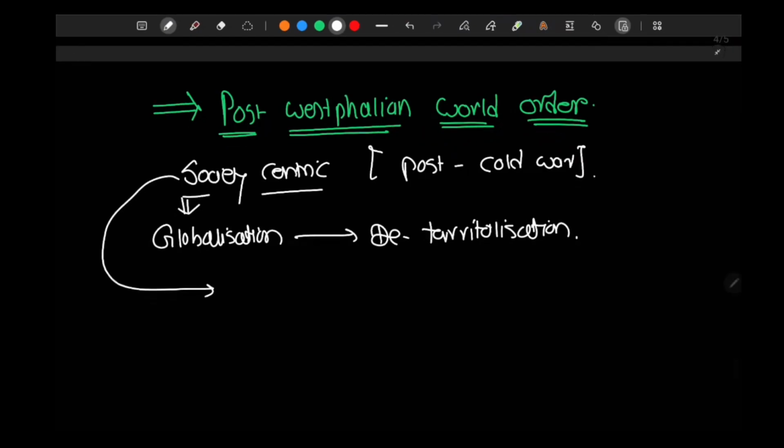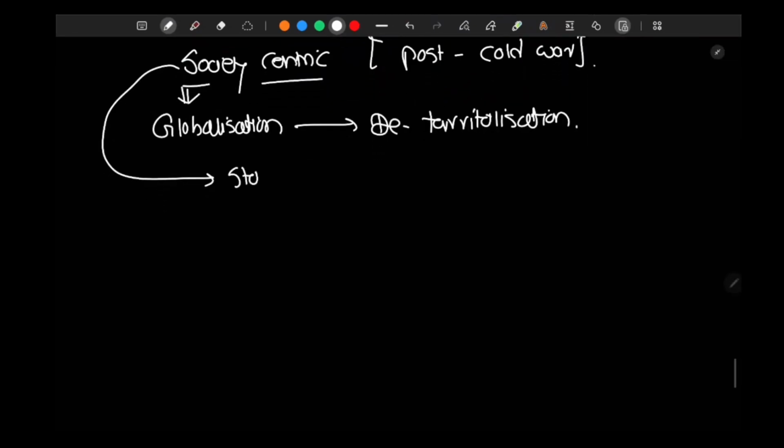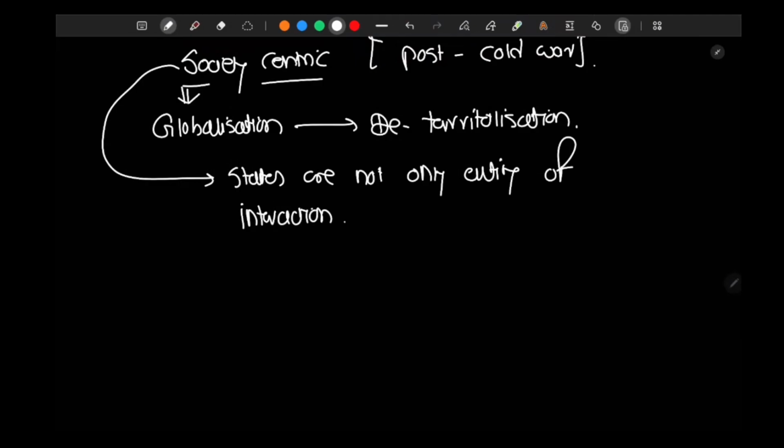The society centric model assumes that states are not the only entity of interaction. There is society, there are individuals. Students go from India to US, actors go for their shows, comedians go for their shows. Sports happen across the states.